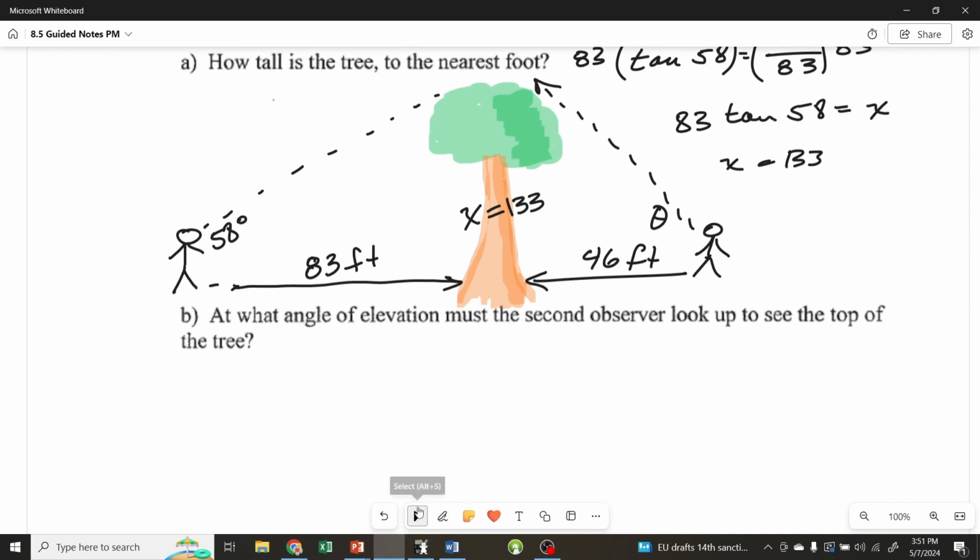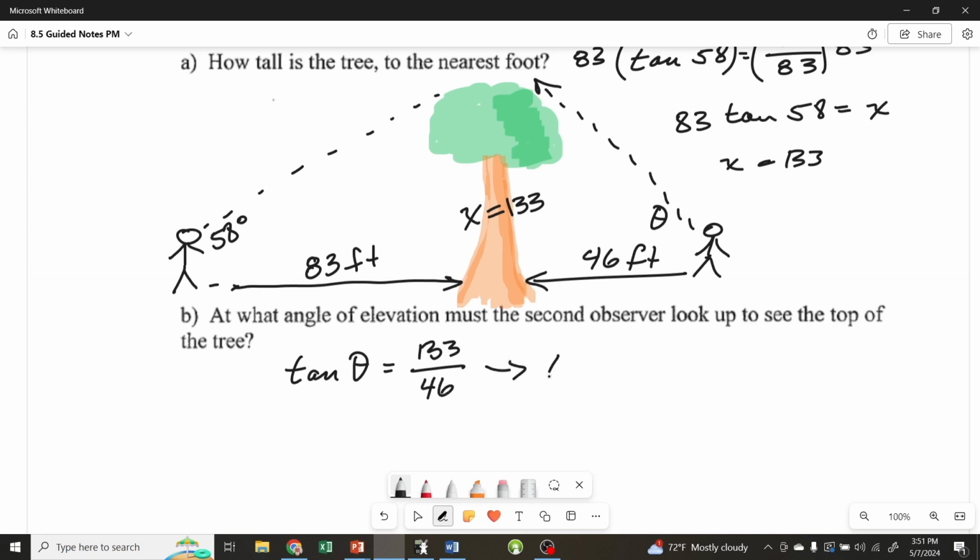Okay, so the angle we know is we don't have the hypotenuse, so we're going to use tangent. So the tangent of theta is equal to the opposite, 133, over the adjacent, which is 46. So to find the angle, we have to switch that out.